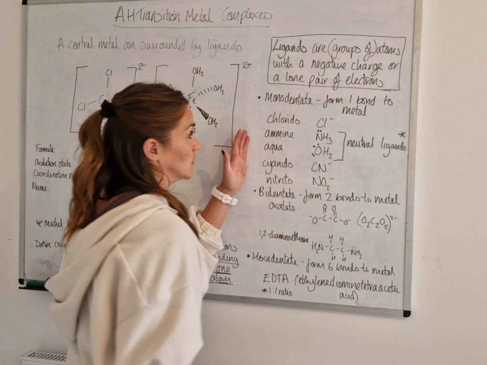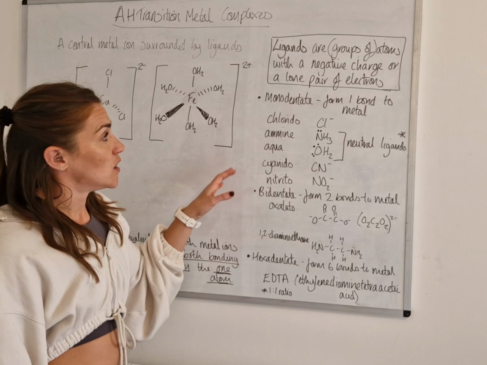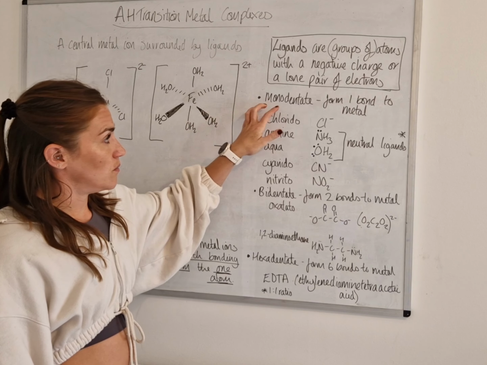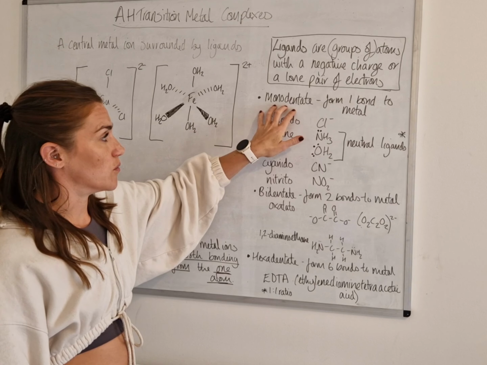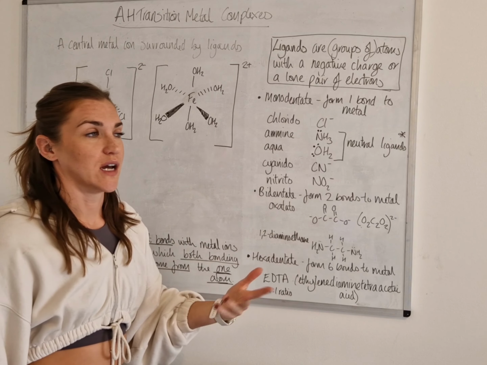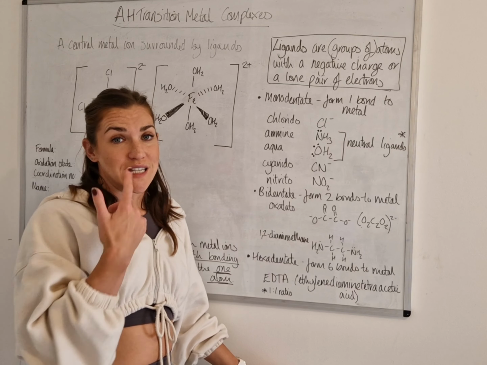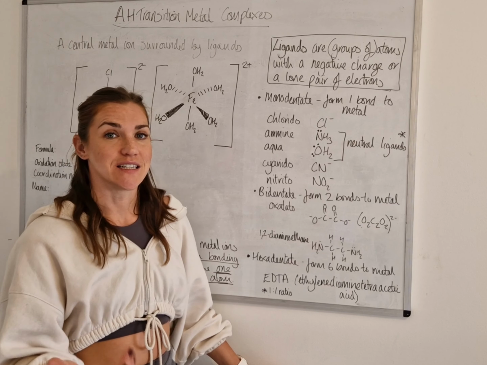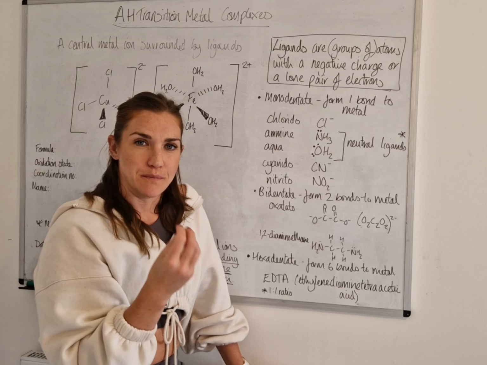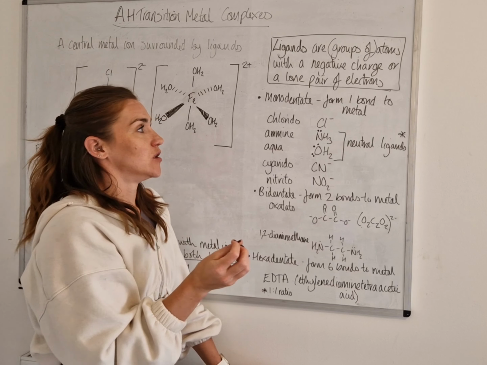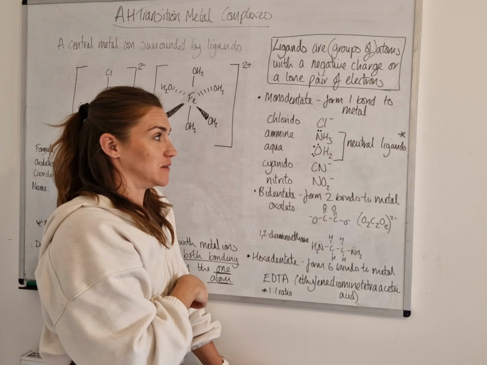When it comes to ligands, we get different classifications. It's based on these terms of dentate, so we've got monodentate, bidentate, tridentate, etc. Dent is Greek for teeth, which is why you go to the dentist. Monodentate means there's one bite to the metal, so anything that's monodentate will form one bond to the central metal ion.